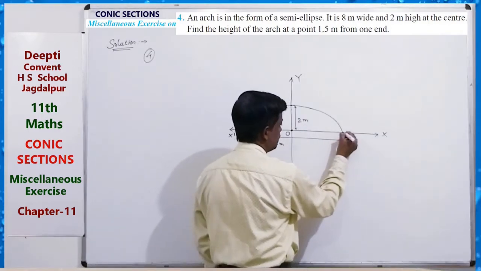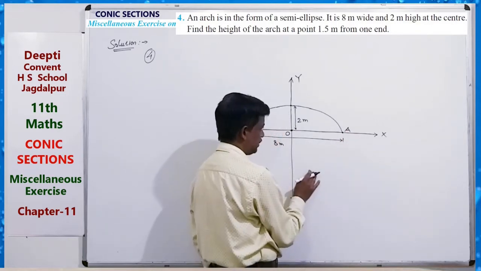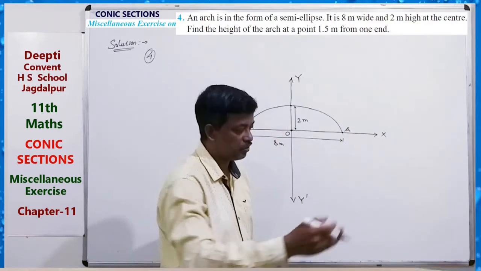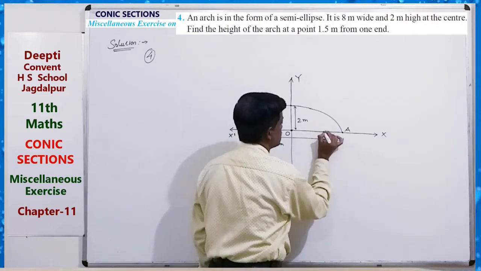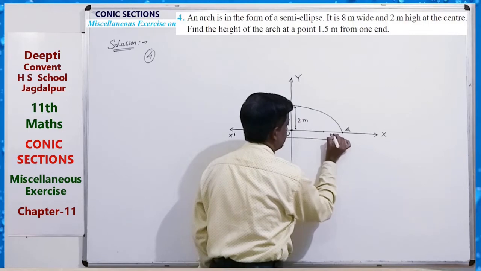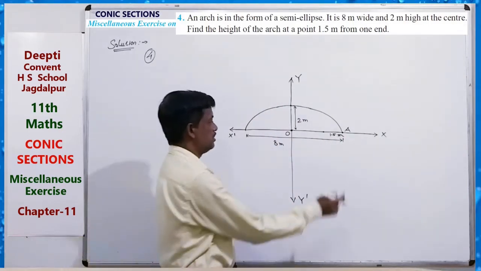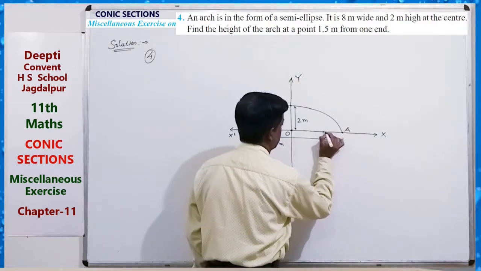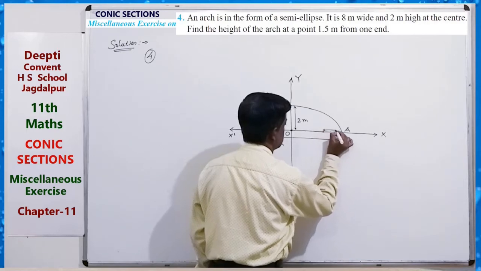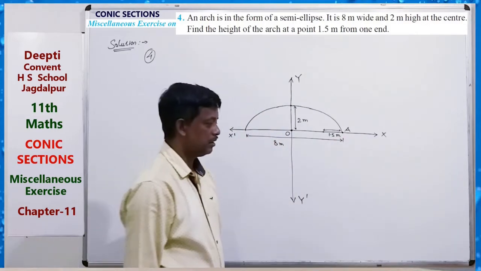Suppose this is one end, its value is A. And 1.5 meter from this end, this distance is 1.5 meters.